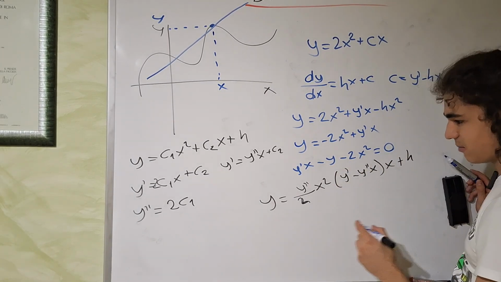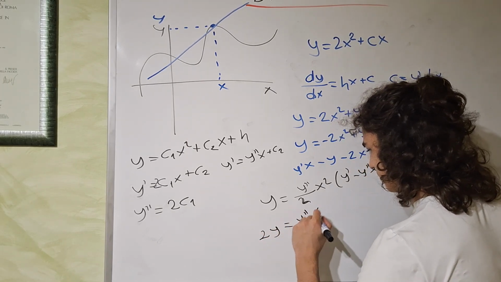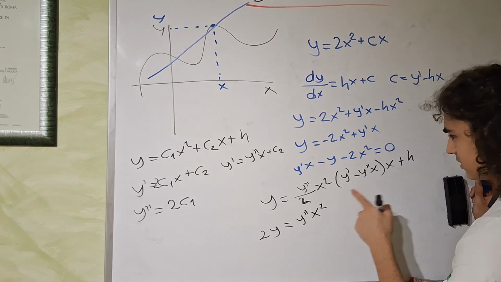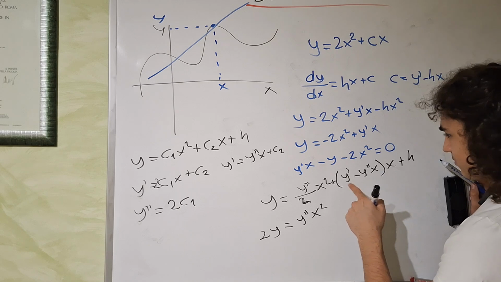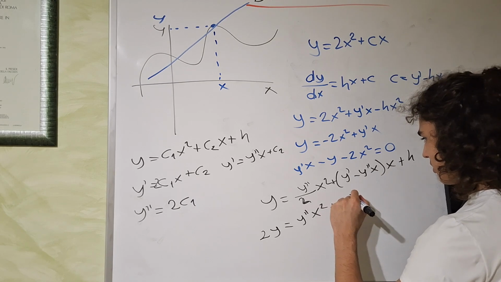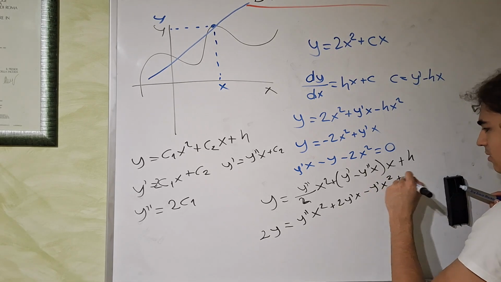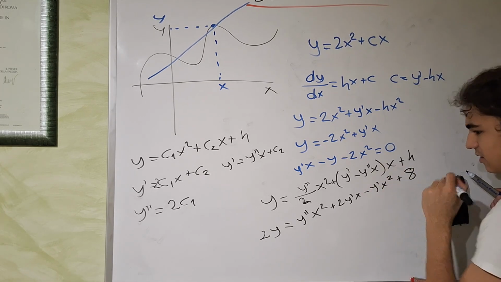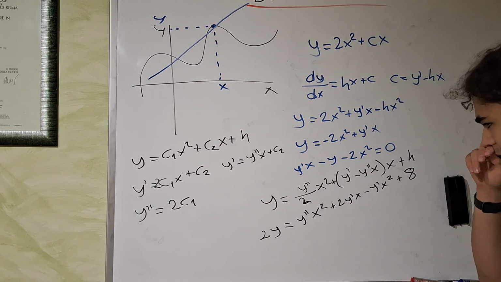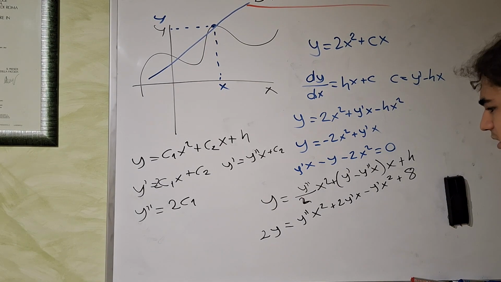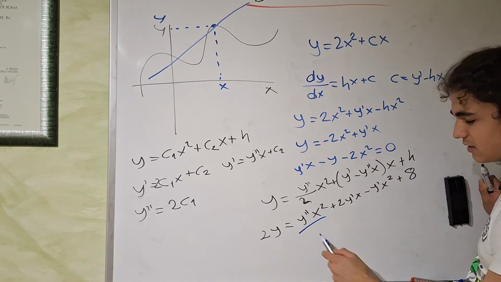We can multiply everything by 2 and distribute the product, so this is what we get. We have 2y prime x minus y double prime x squared plus 4 times 2 is 8. And we can even rearrange the equation, but I'm not going to do it now. I want you to notice the order of these differential equations.